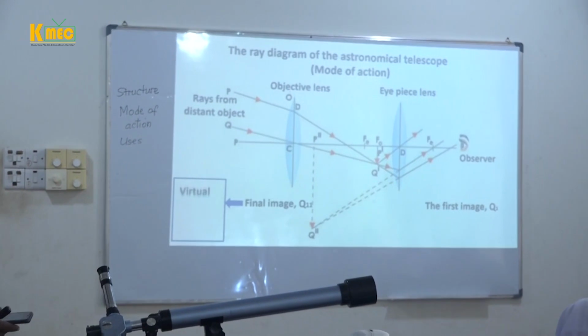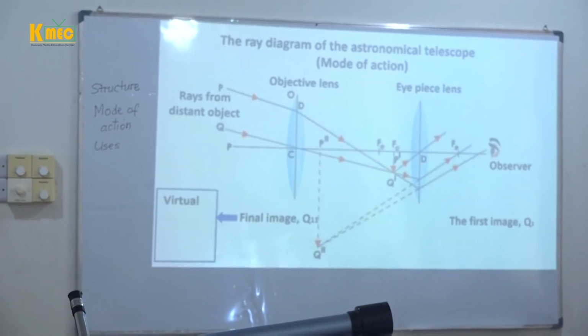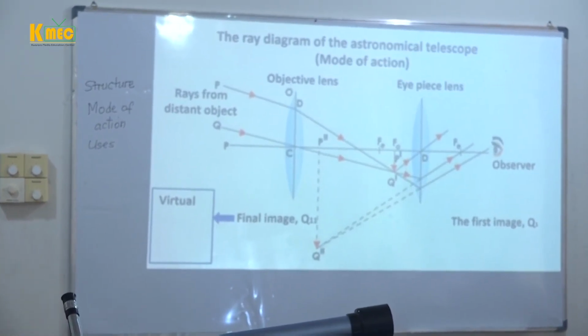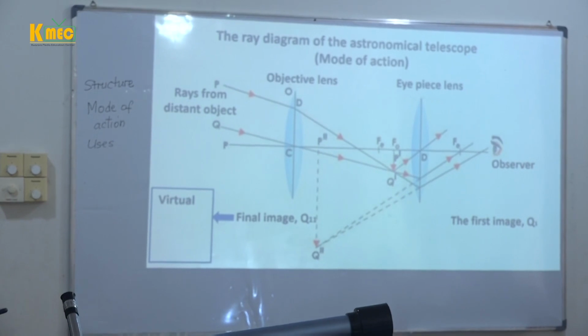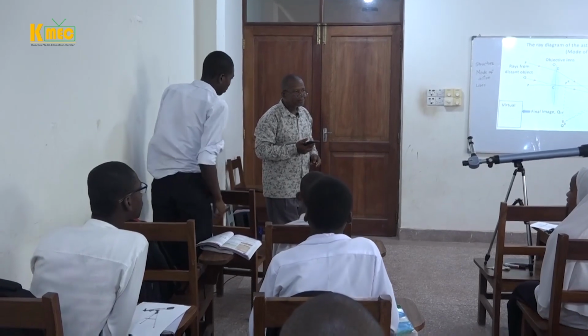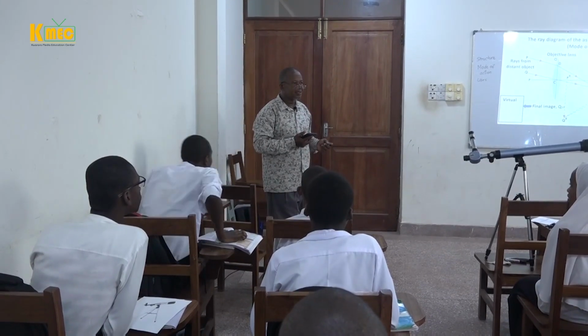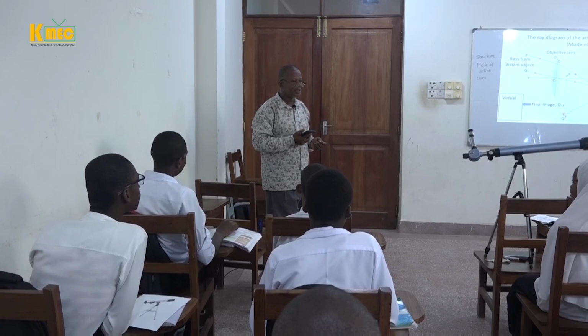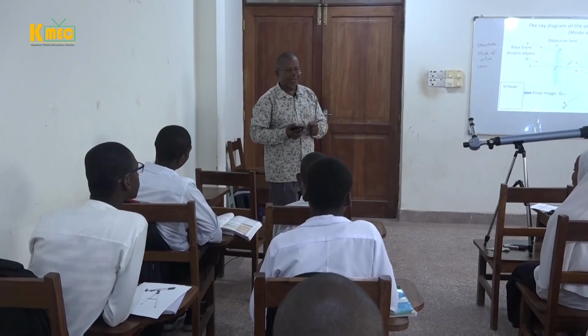The first, we have the virtual image. Why is it called a virtual image? Who can try? Yes? Because it is not a real image. Yeah, because it's not a real image, that's why it's called virtual. Thanks for that.